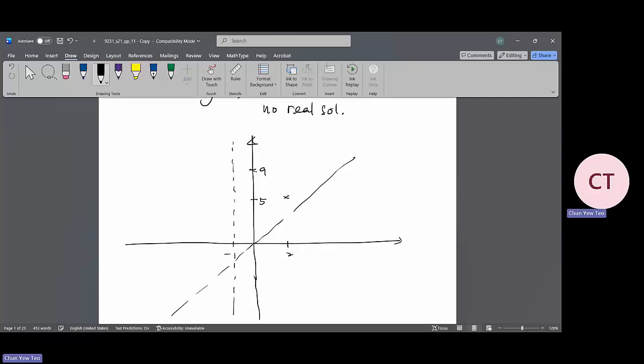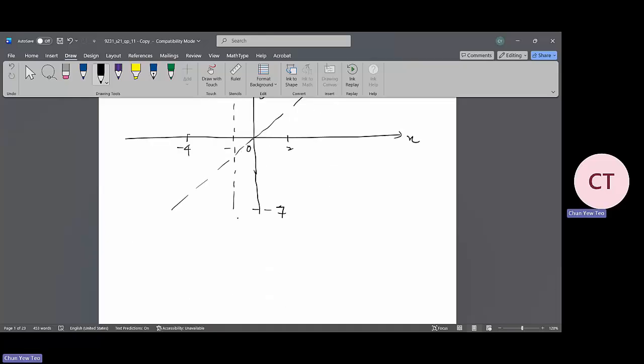So your graph will be something like this. That is your y, that is your 0, that is your x. And we have another stationary point, which is negative 4 and negative 7. So if you extend the graph, then your graph will look something like this.